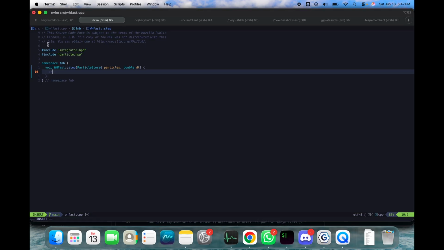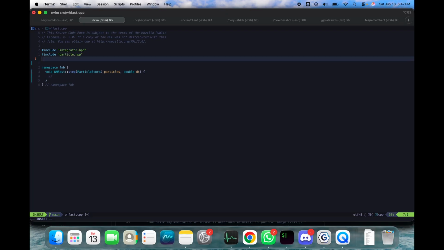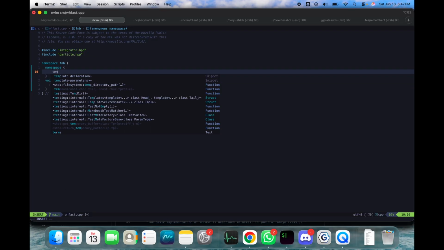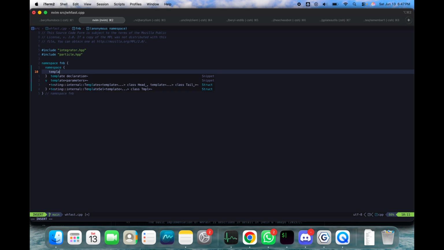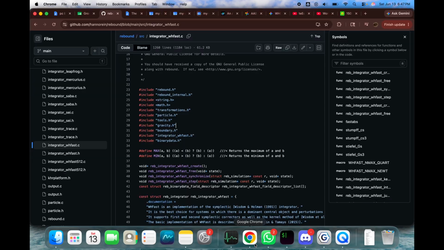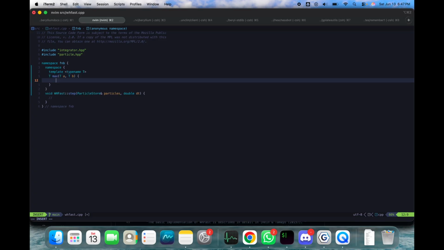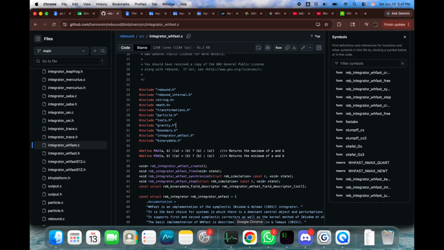So let's define a tiny helper. Let's just go for namespace, unnamed namespace. So we have template typename T. I don't want to do macros right now. What's the T max, T A, T B, and the error, and it has to be this stuff, yeah.